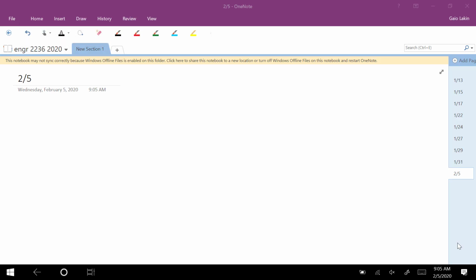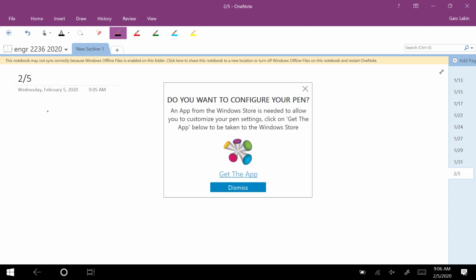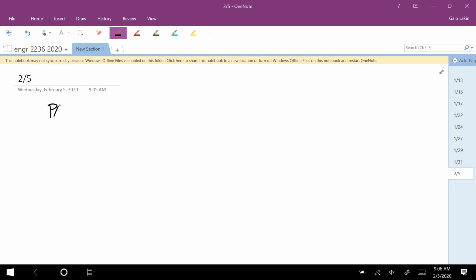Okay, so I'm going to start out with particle kinematics. Number 15.